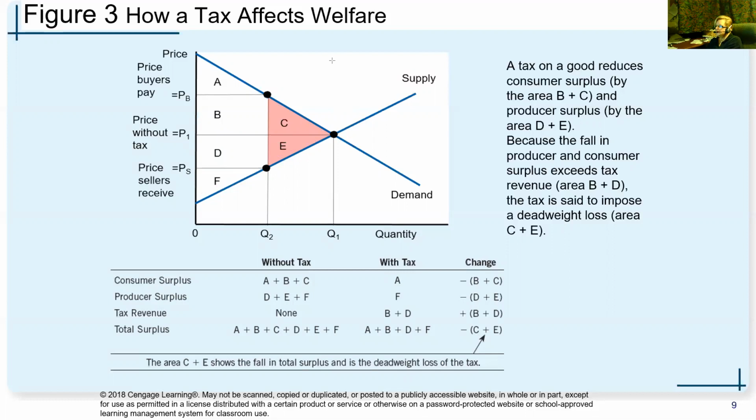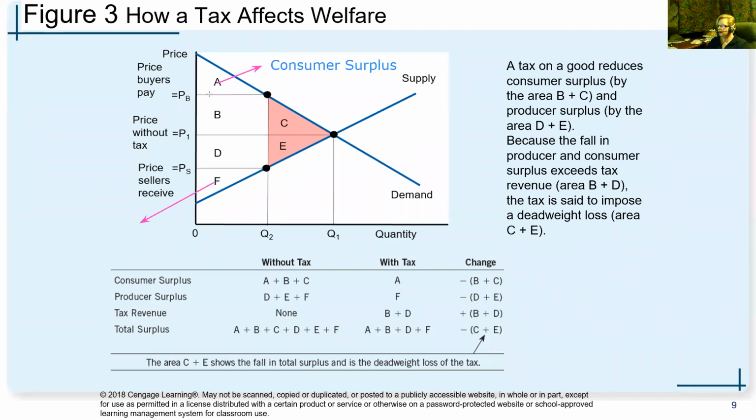Now, since the tax has been enacted, we have lots going on here. A is going to be the new consumer surplus. Look how much it's reduced by B and C. So B and C are now eliminated from consumer surplus.